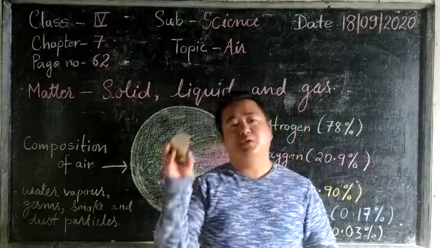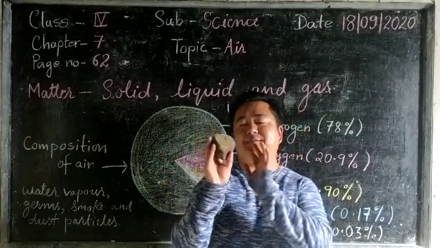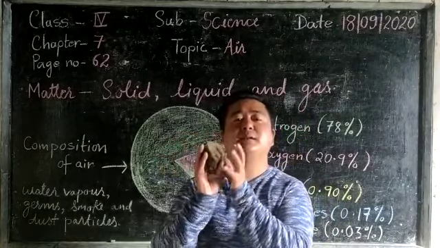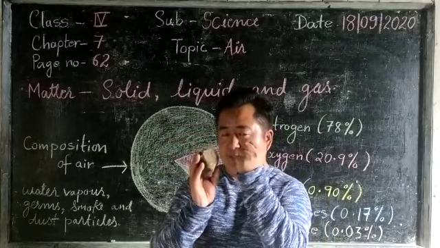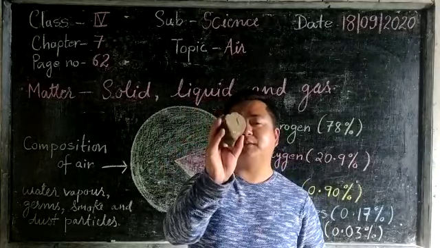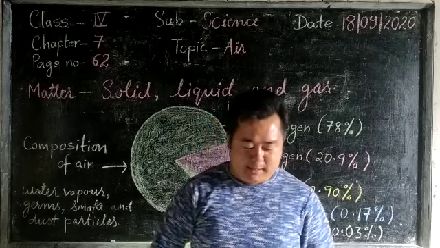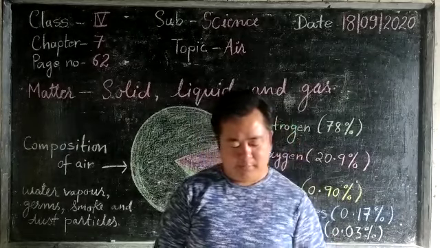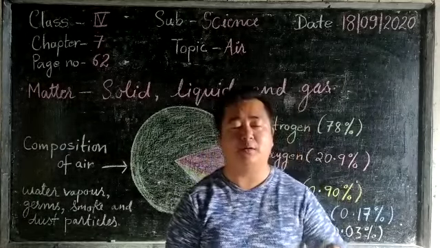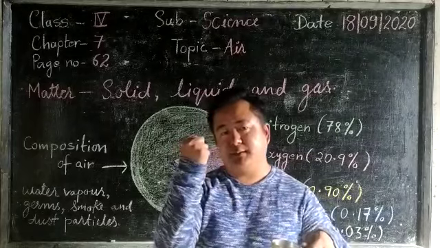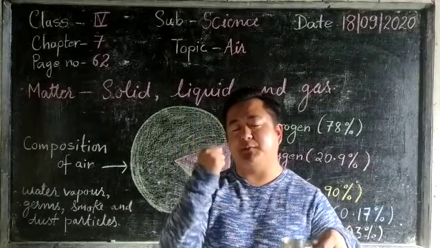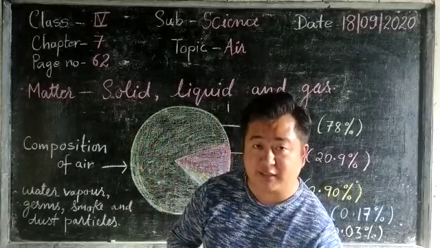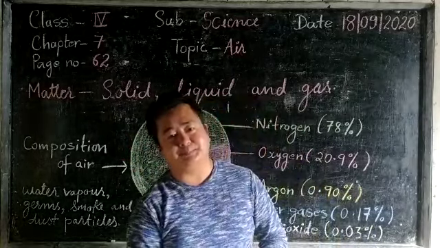For example, stone has a definite shape and size because the molecules in the stone are compact. Even soap, and if I talk about this container, the molecules are very closely packed, therefore they take the particular shape and size.